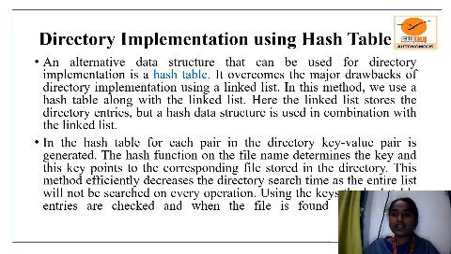Here, the linked list stores the directory entries, but a hash data structure is used in combination with the linked list. In the hash table, for each entry in the directory a key-value pair is generated. The hash function on the file name determines the key and this key points to the corresponding file stored in the directory. This method efficiently decreases the directory search time as the entire list will not be searched on every operation.